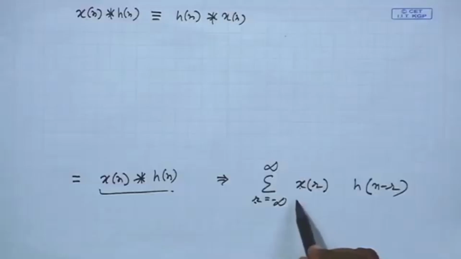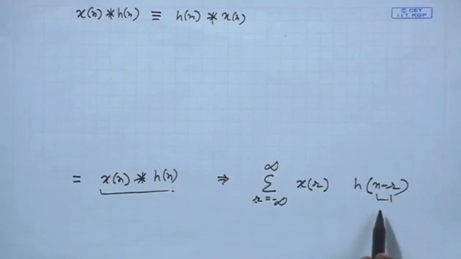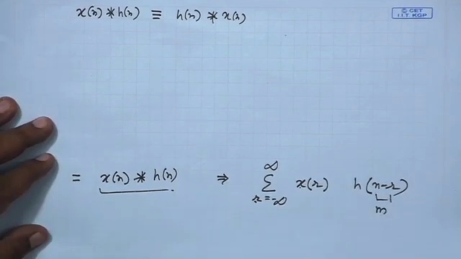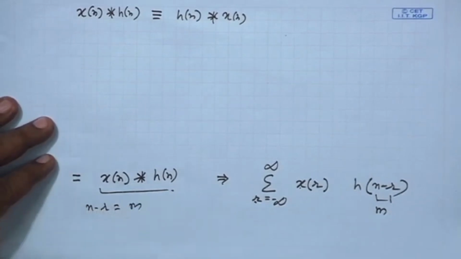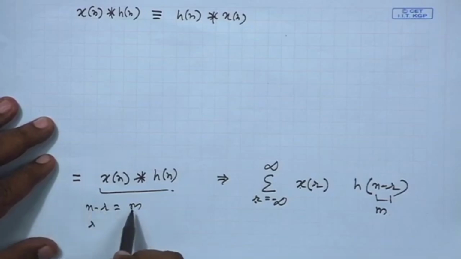Now, in this summation you see, I play a game. n minus r, I give it a name small m. There is n minus r, I call it m, which means r, because n is fixed, r is a variable, I am substituting, I am bringing m to replace it. So, what is r? r is n minus m.